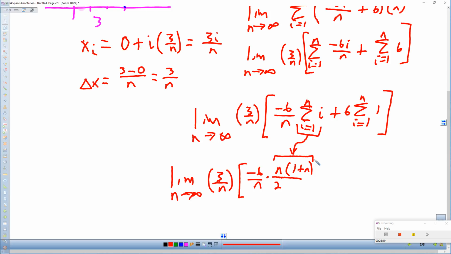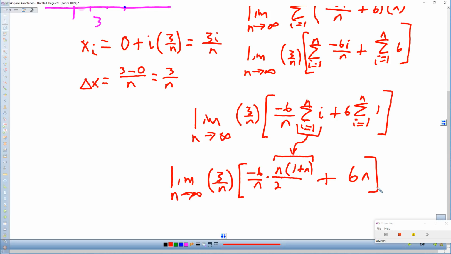Now, what's the second sum going to equal? 6n. Because we're adding up 1 n times.